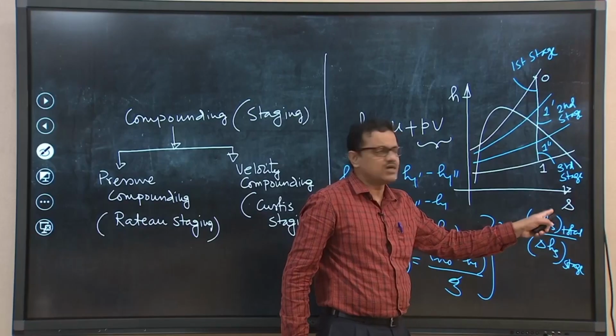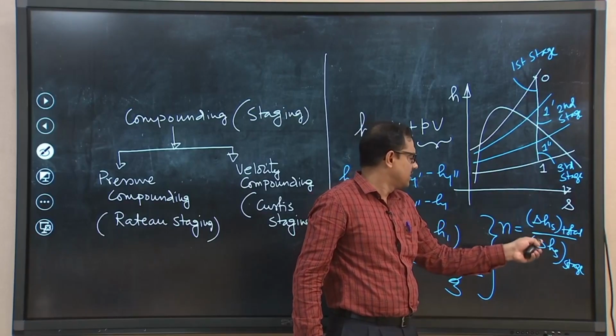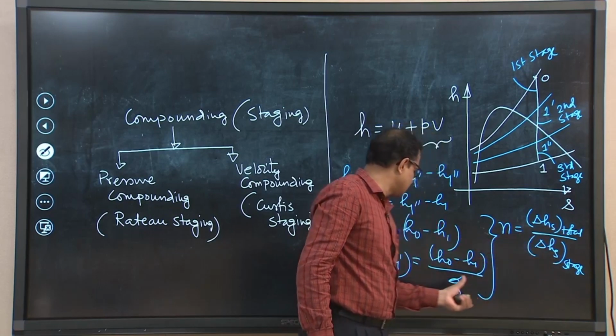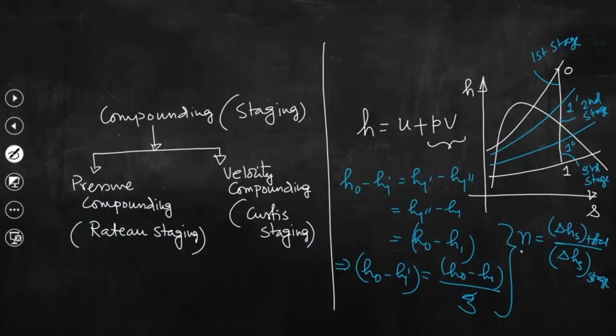Delta H suffix S, because this is the isentropic enthalpy drop. So, delta H_S total divided by delta H_S stage is nothing but the number of stages.